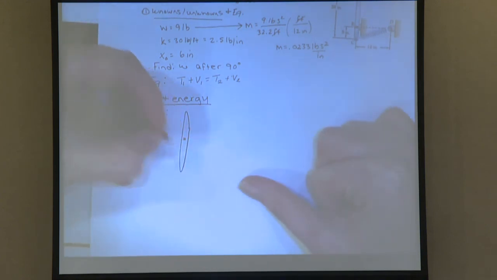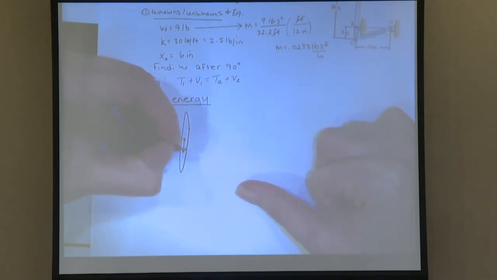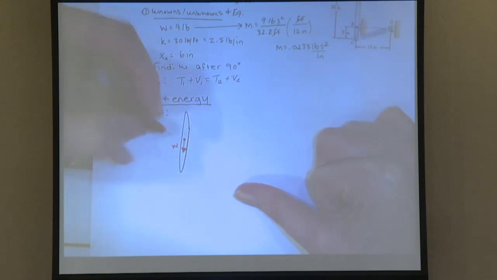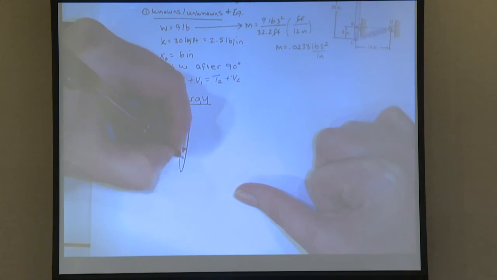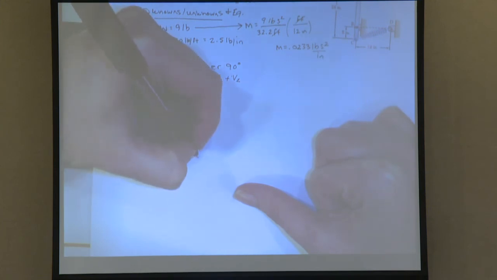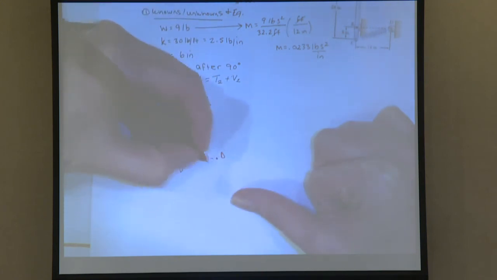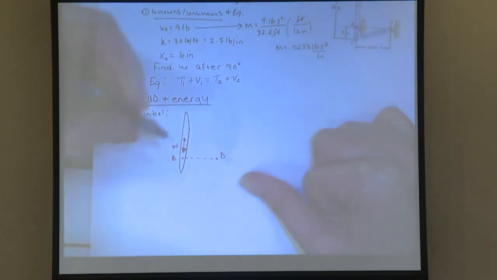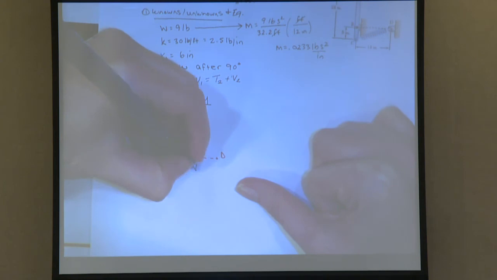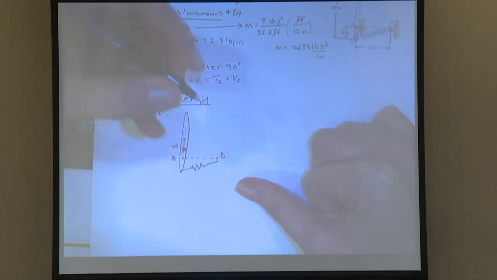At the center at G, I have my weight on it. Here's point B, and it's in line with point D. And from here, this is where my spring is attached.